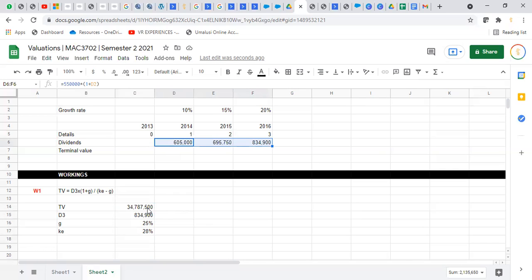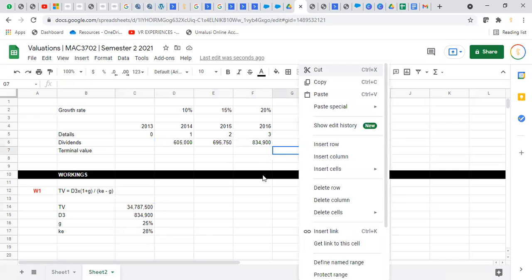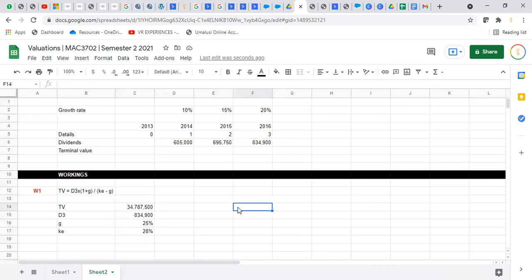And the terminal value usually accounts for the biggest part of the, well, not usually, it does account for the biggest part of the valuation. And that is why, to make sure that it's not as big, they want to have this explicit period as long as possible.